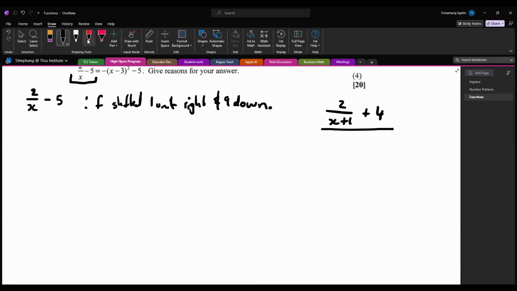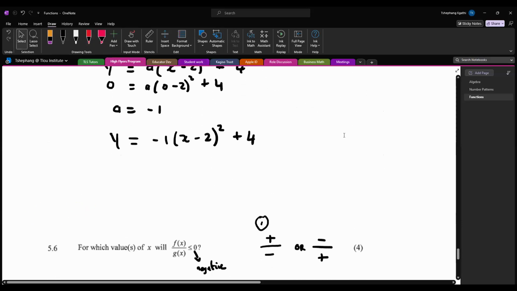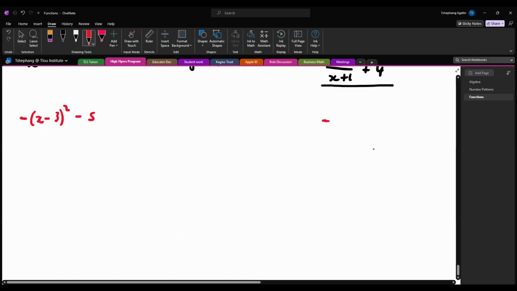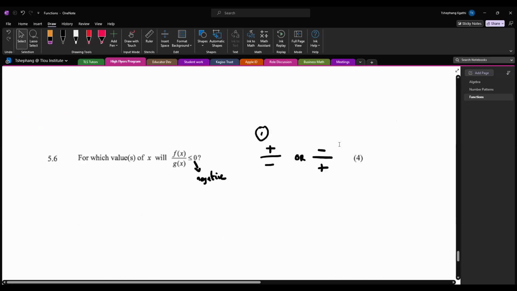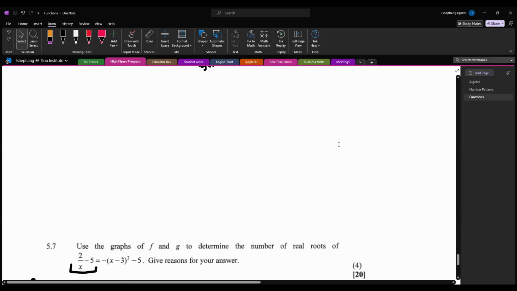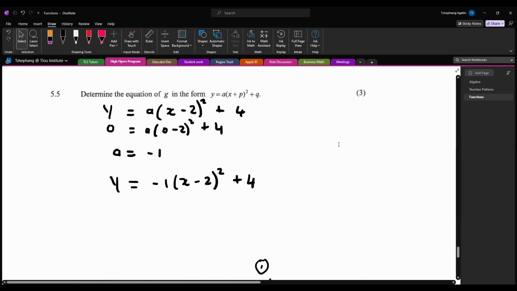Okay, let's look at the other graph. Now I have -(x - 3)² - 5. I'm going to compare it to what I have, which is (x - 3)² + 4. It's going to go up, to double check. It's perfect.